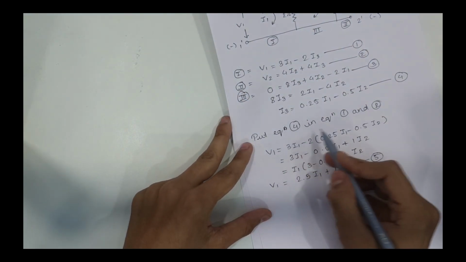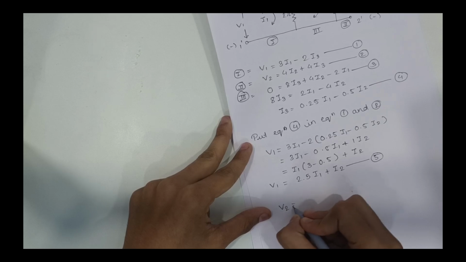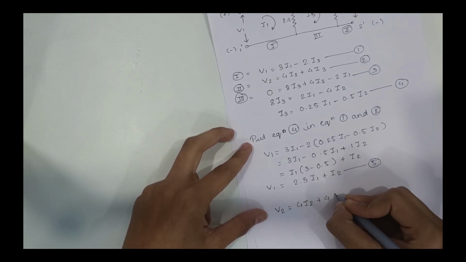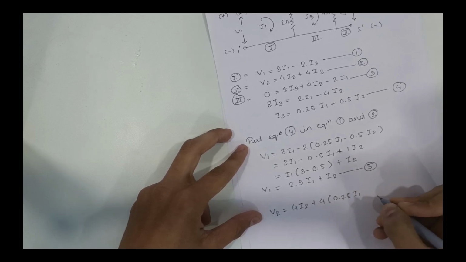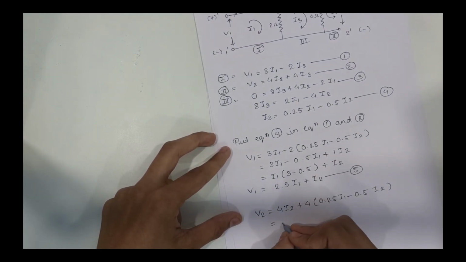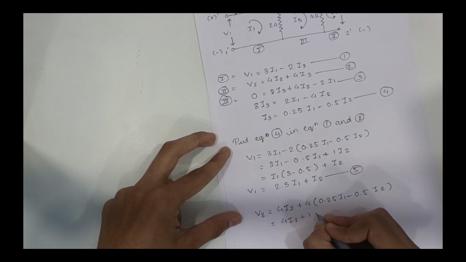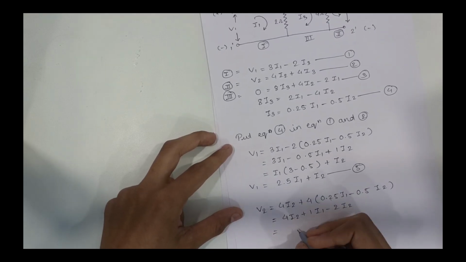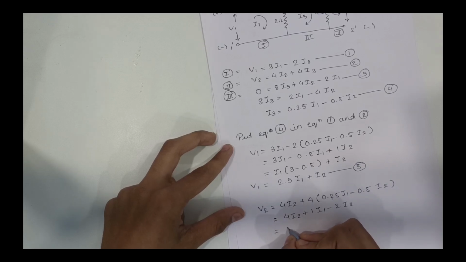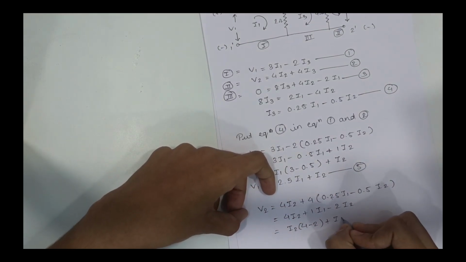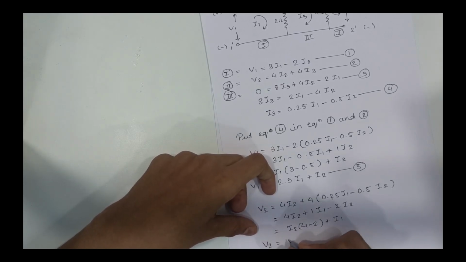Now putting equation fourth in equation 2, we get V2 is equal to 4I2 plus 4 times (0.25 I1 minus 0.5 I2). So it will be 4I2 plus 1 I1 minus 2 I2. So I2 times (4 minus 2) plus I1. We get V2 is equal to 2I2 plus I1.